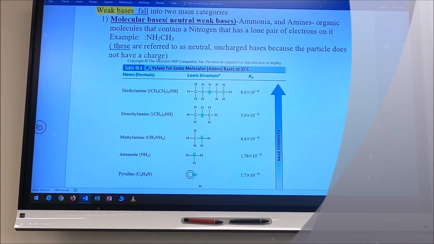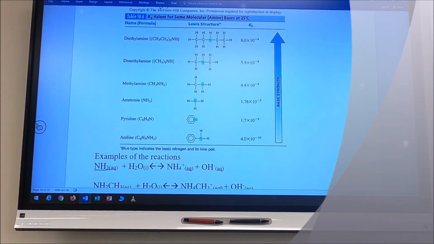This is not by any means all of them, just a small list. So we have diethylamine, dimethylamine, methylaniline, ammonia, pyridine, aniline. And notice they have Kb values. So let's talk about writing the reaction of a molecular weak base with water and talk about what Kb is.